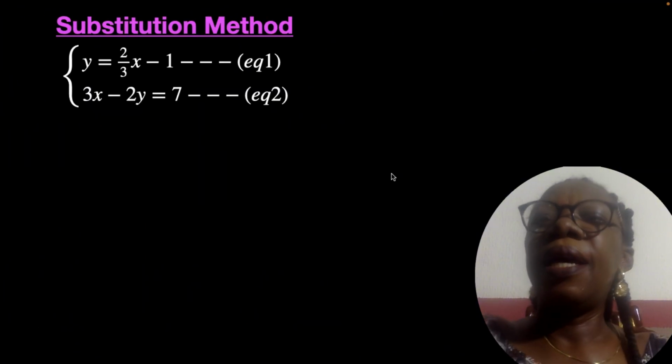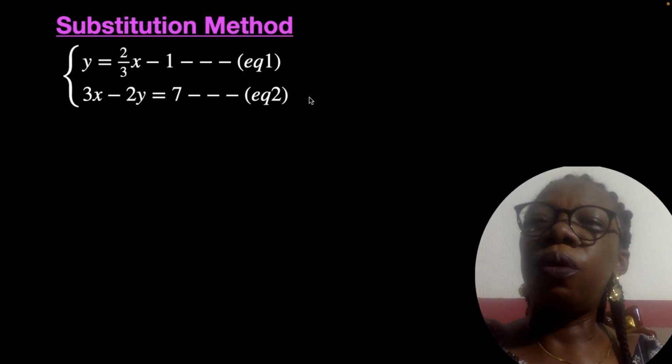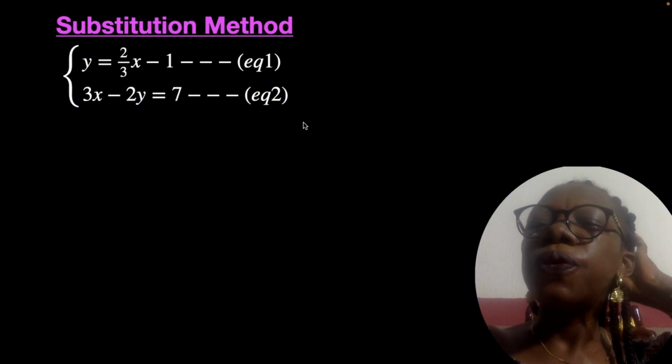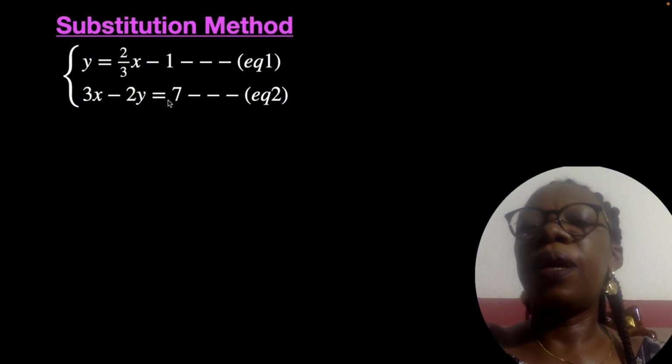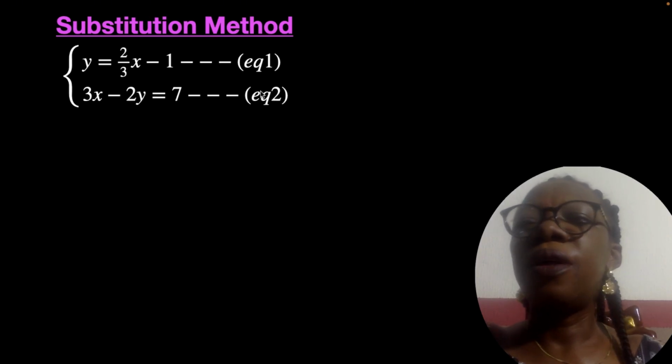Alright, in this equation we have a fraction. y is equal to 2 over 3x minus 1. This is equation 1. 3x minus 2y equal to 7, and this is equation 2, right? y is already isolated in equation 1, so we can substitute the value of y in equation 2.